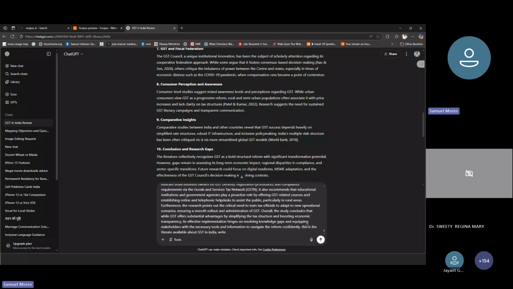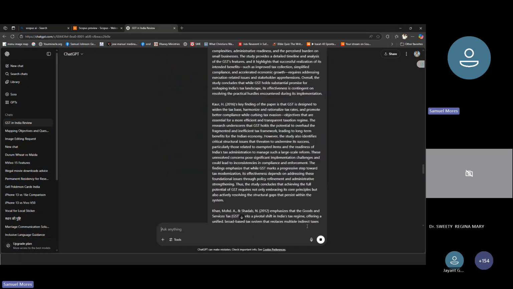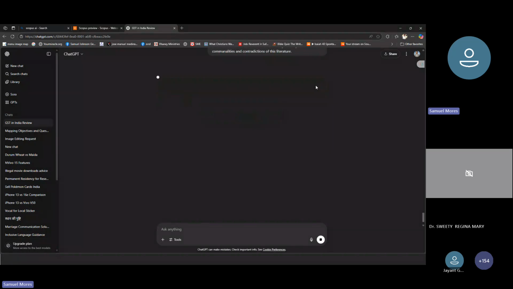Write elaborately, critically, the commonalities and contradictions of this literature. That means you are giving the literature and you are asking it to critically analyze it. So here it won't imagine anything. It will restrict itself to the literature that is given to it.